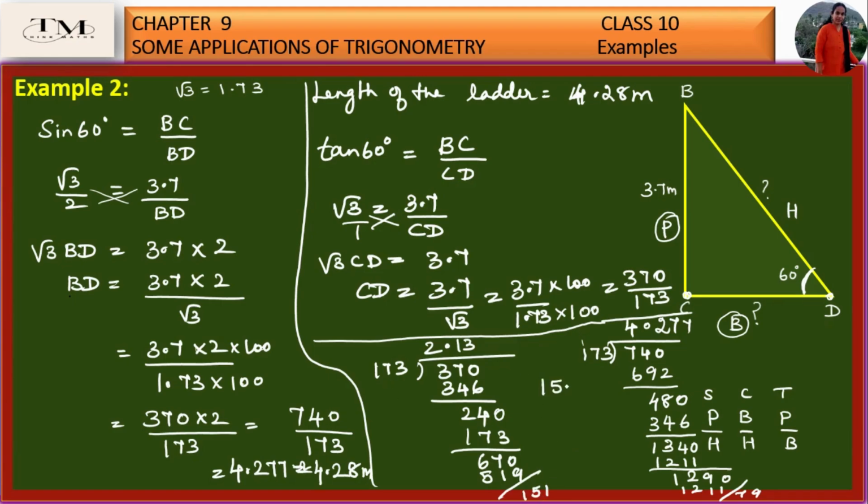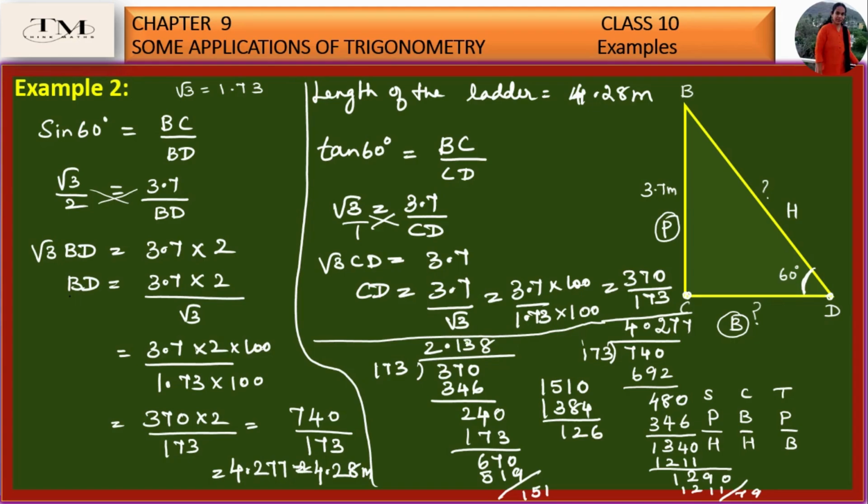Okay. So 151 is not divisible by 173. So add 0. How many times does it go? 1510 is 8 times. So 8 times 173 is 1384. Okay children, if we subtract this, we will get 126. So we got three places after decimal.